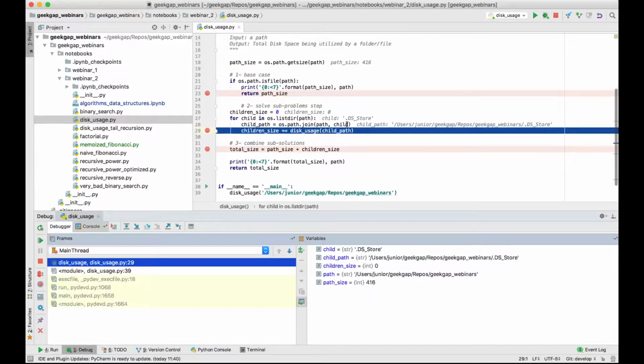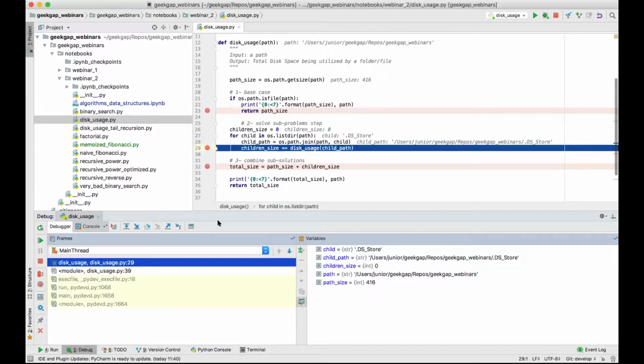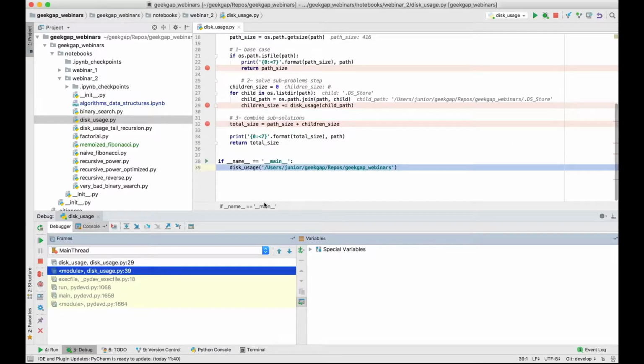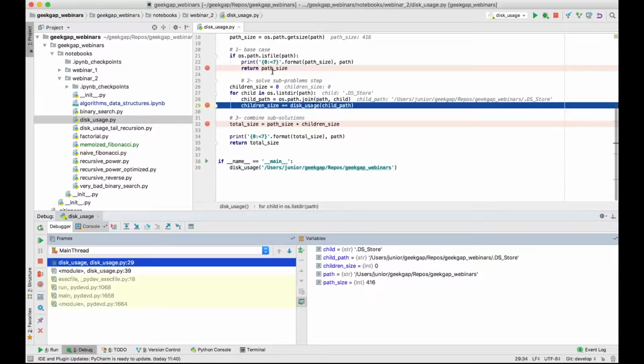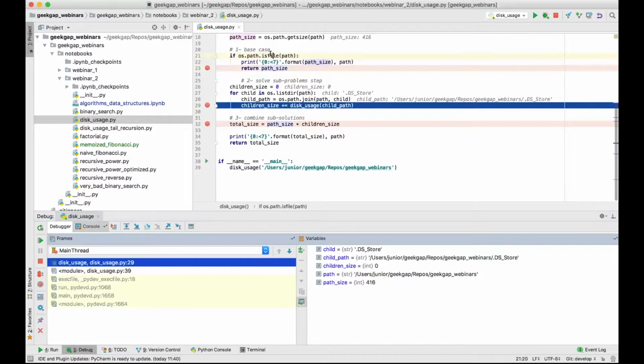So here, I just run the function. When we hit this line, we get to line 29, because obviously it's not a file at the beginning. So with this condition, we test if it's a file. Remember the base case. We first test if it's a file. If it's not a file, then what do we do? We get the size of all the children, and this is what we are doing in this loop here.